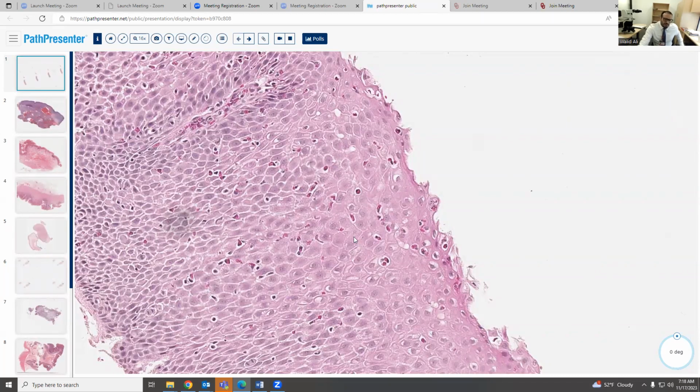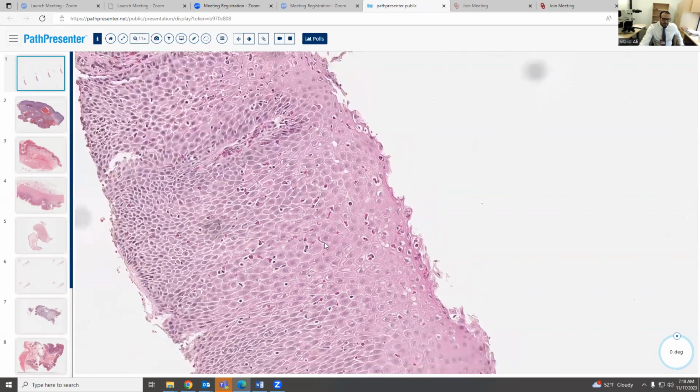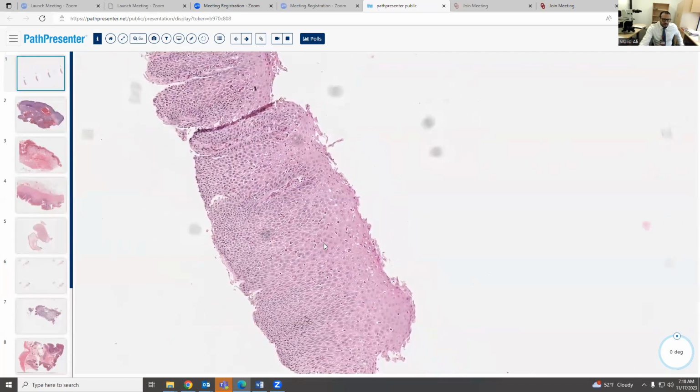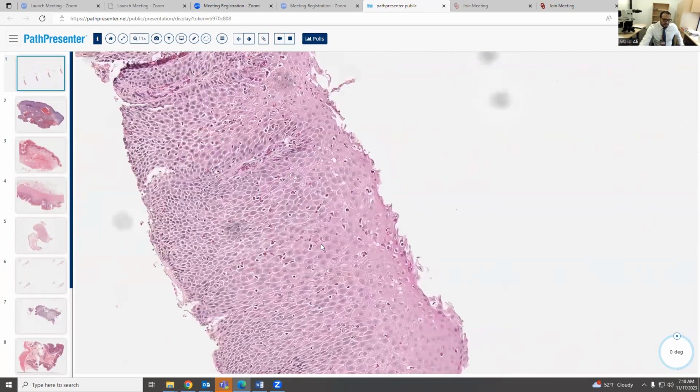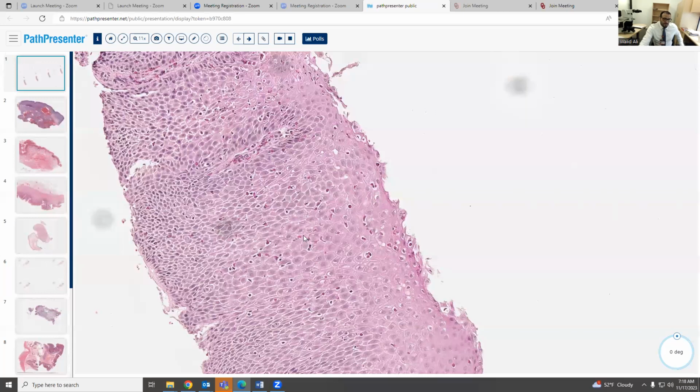It's not that because I see an abundance of eosinophils I am sure; the criteria is 15 per high power field. You can also see some eosinophils in conditions like GERD, but maybe fewer than this.